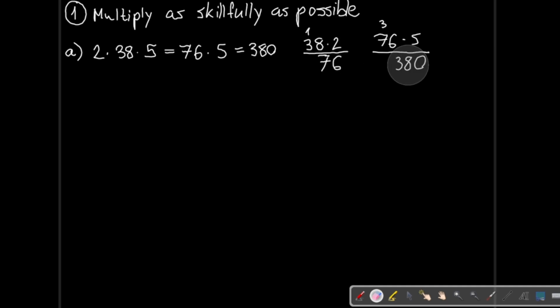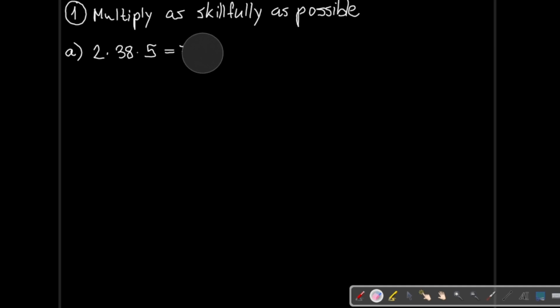So what we can do instead is we use the commutative and associative properties. In this case, we will use the associative property. So remember, instead of multiplying 2 and 38 first, we can actually multiply, let's say, 2 and 5 first.